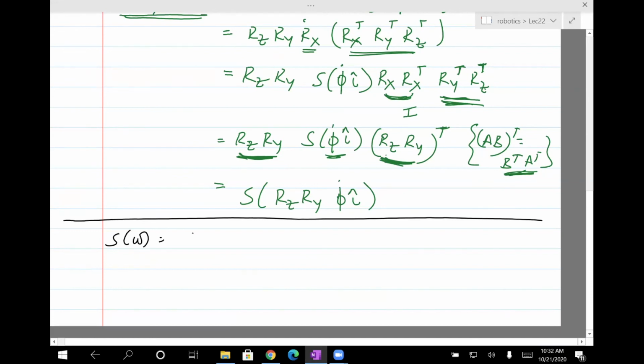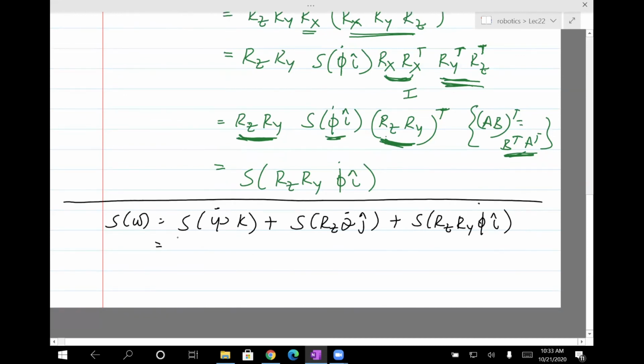So 1 is S of psi dot K plus S of Rz theta dot J plus S of Rz Ry phi dot I. Now, there's a property of skew symmetric matrices that if you have three skew symmetric matrices as a sum, then you can actually combine these to psi dot K plus Rz theta dot J plus Rz Ry phi dot I. You can also show this is true when you expand S as a 3 by 3 matrix.